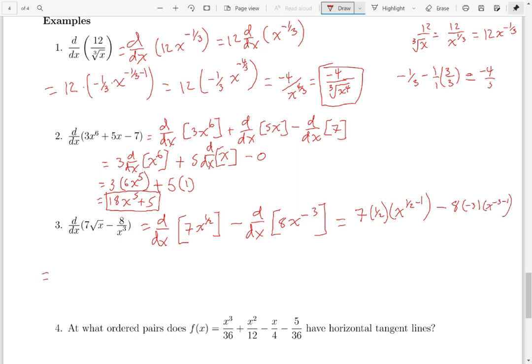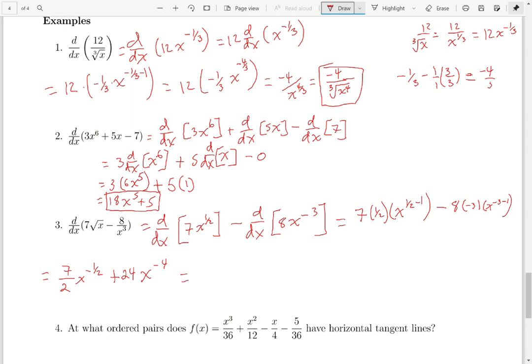That's then going to be 7/2, but then x to the 1/2 minus 1 is really x to the negative 1/2, minus 8, negative 8 times negative 3, that's actually going to be positive 24 times x to the negative 4th.